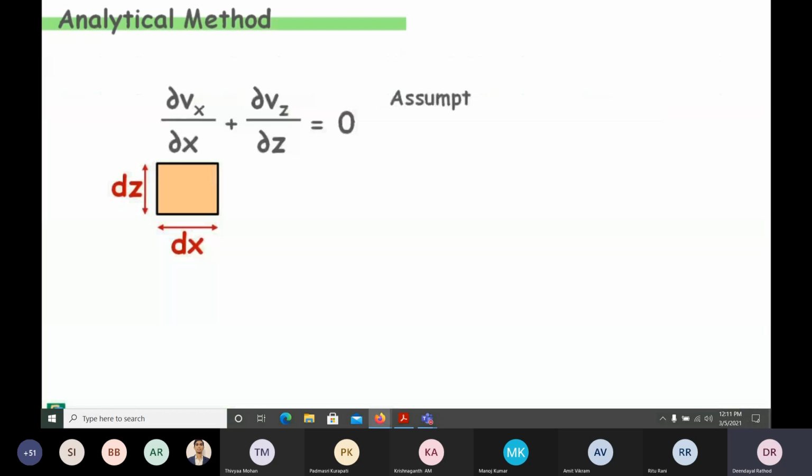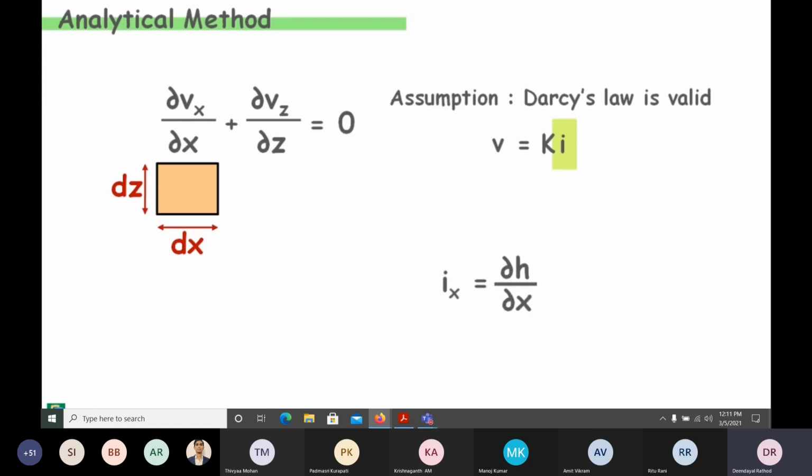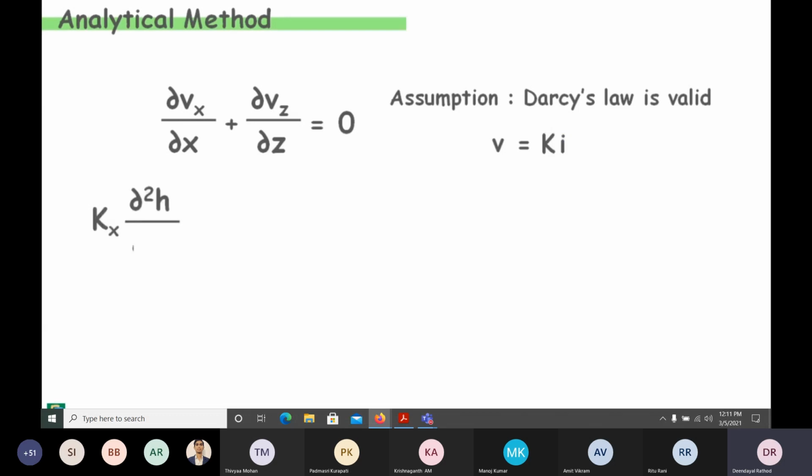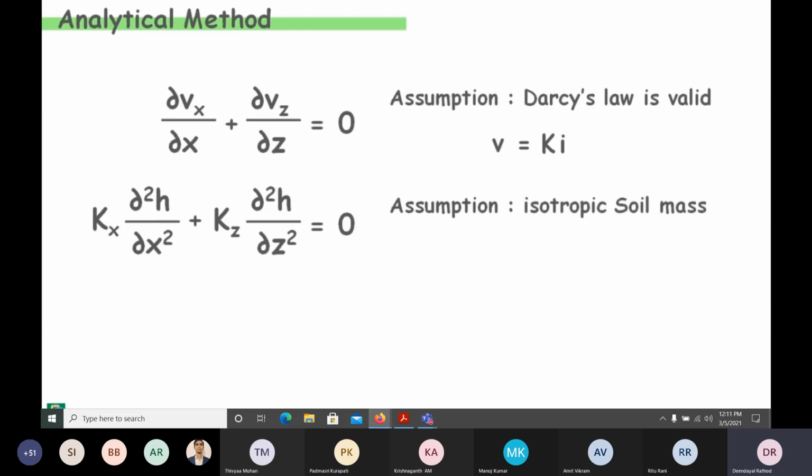After applying some assumptions, like Darcy's law is valid, we can write the velocity of water as permeability times hydraulic gradient, where the hydraulic gradient across this element is del H by del X and del H by del Z. The next assumption is, if the soil is isotropic, then the permeability in the X direction is equal to the permeability in the Z direction.